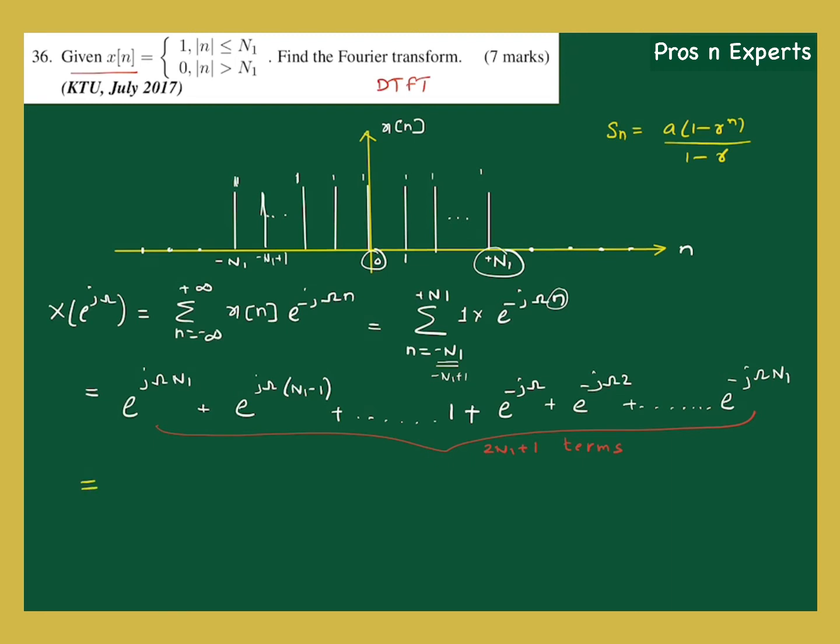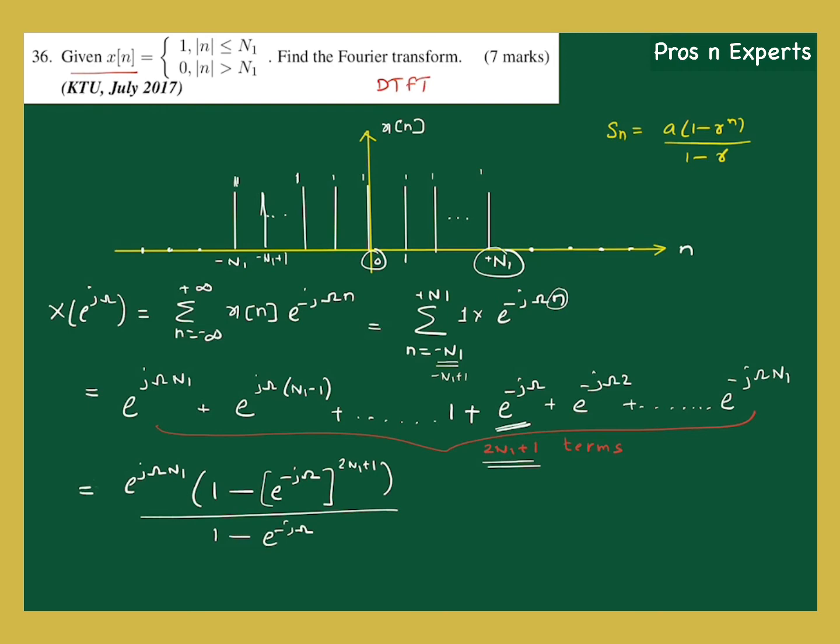So the sum we can express as, okay, a is e raised to j omega n1 into 1 minus r. What is r? We have told you it is e raised to minus j omega. So e raised to minus j omega whole raised to the number of terms, 2n1 plus 1, whole divided by 1 minus r, where r is e raised to minus j omega.